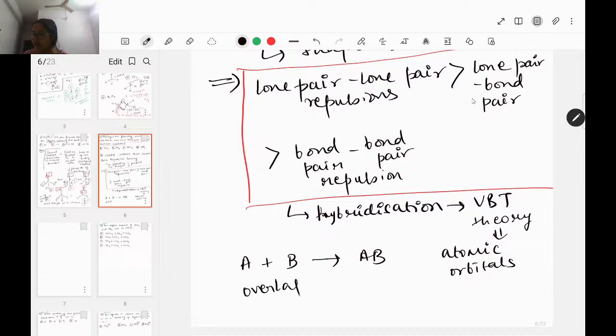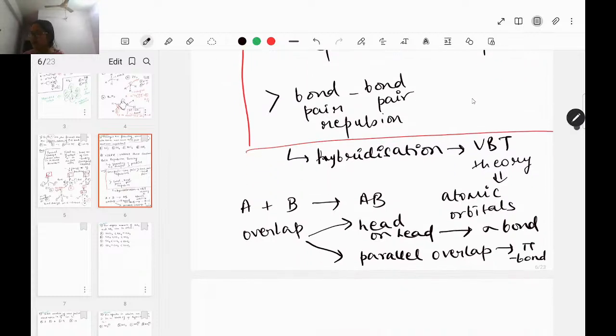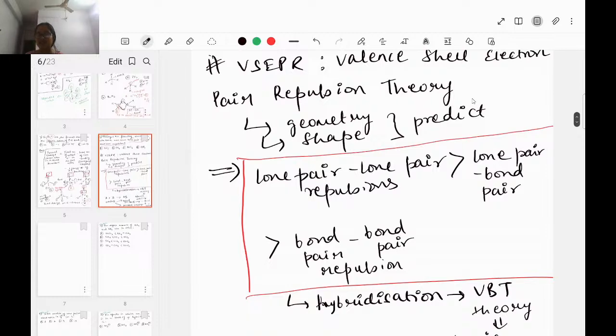And this overlap can happen in two ways: either head on head overlap, or parallel overlap, also known as side by side overlap. If the overlap is head on, we get a sigma bond, and if the overlap is parallel, we get a pi bond. Okay, so this is the main thing you needed to understand about VBT, and I'll be talking about hybridization as well as VSEPR theory.